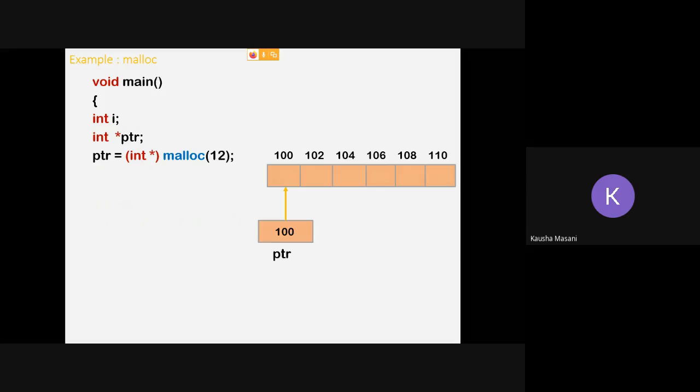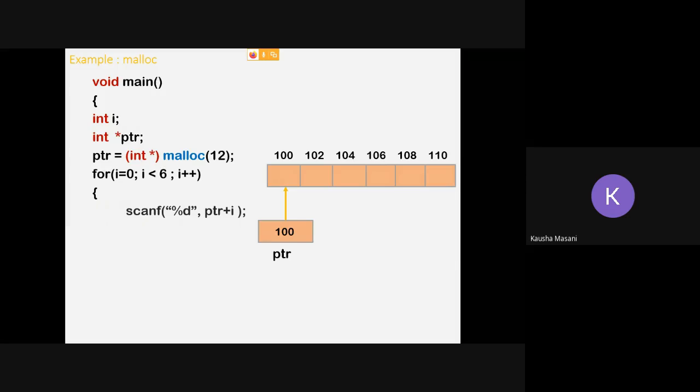This is a programmatic example where I have taken an integer i and an integer type pointer ptr. I am writing ptr equal to integer star malloc 12. So in my memory, 6 blocks got reserved, and my pointer ptr is pointing at the first memory address of my block, that is 100.